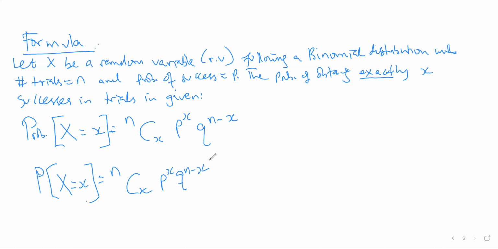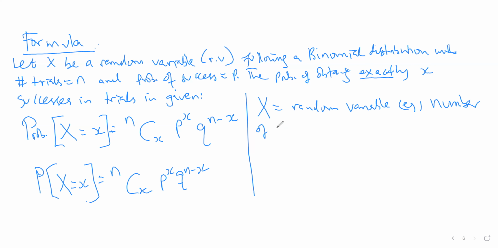So here, X is the random variable, something like the number of heads in a coin experiment, for example.